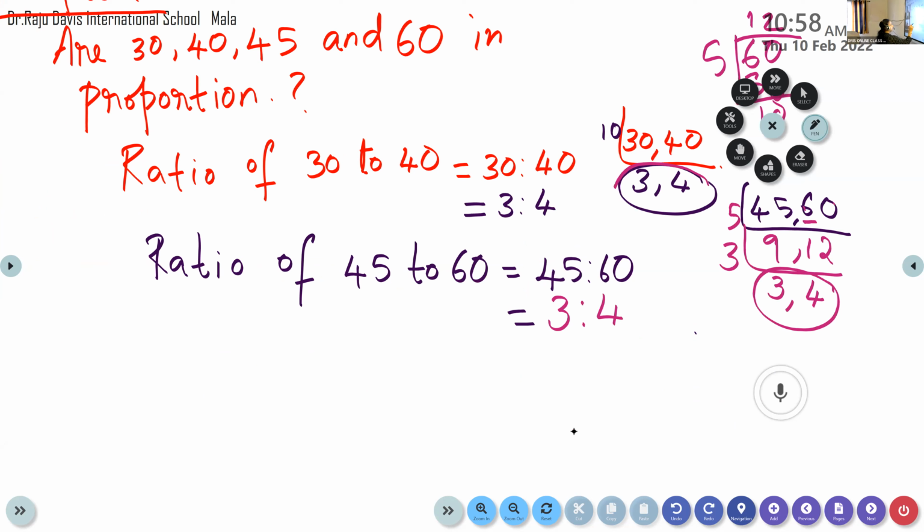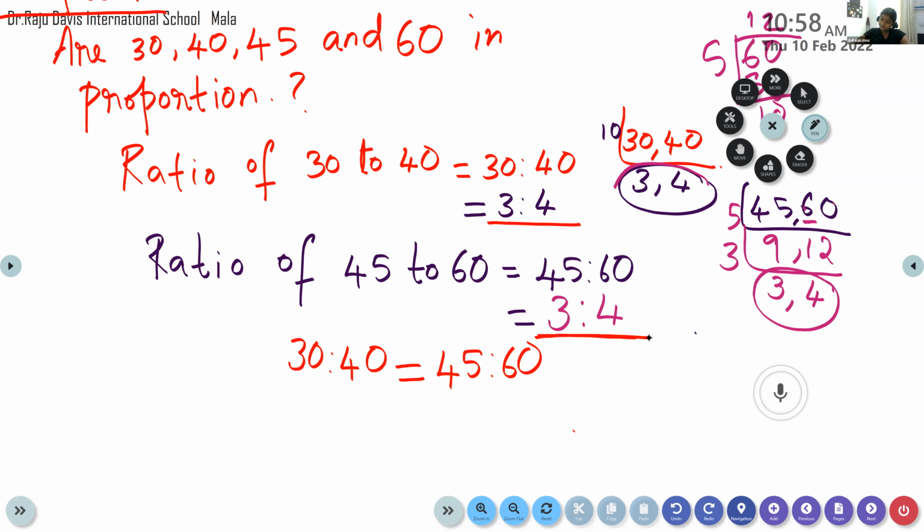So we can write here 30:40 is equal to 45:60. See, children, have you written this step? It is very important, this step, 3:4, 3:4. That's why we can say they are in proportion, they are equal. So since 30:40 is equal to 45:60, the ratios are equal.